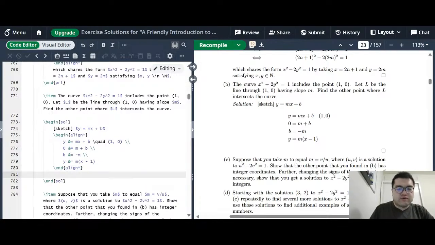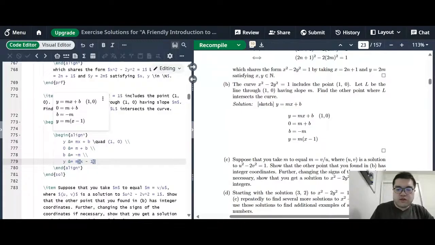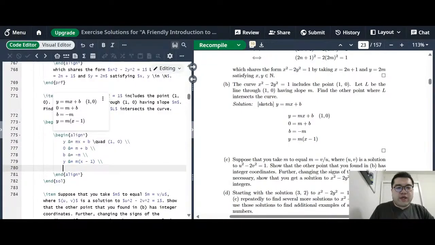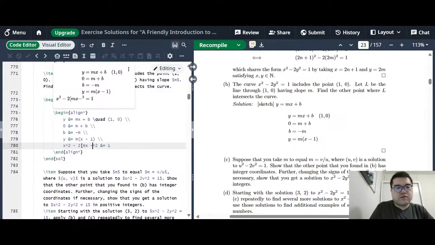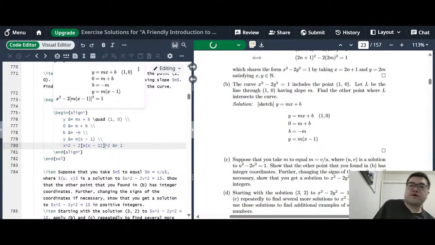We replace the y in the curve equation, x squared minus 2y squared equals 1, by the quantity m times (x minus 1). We can leave it as it is. Okay, we have this monster here.